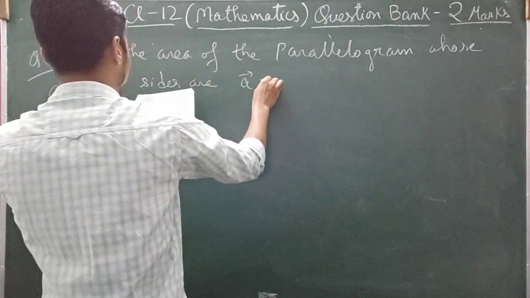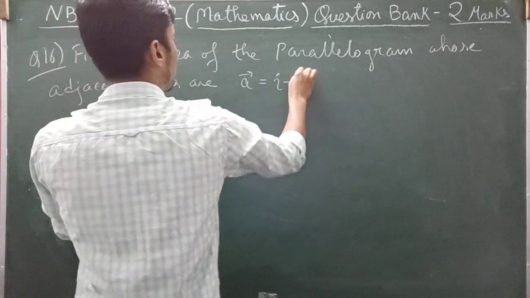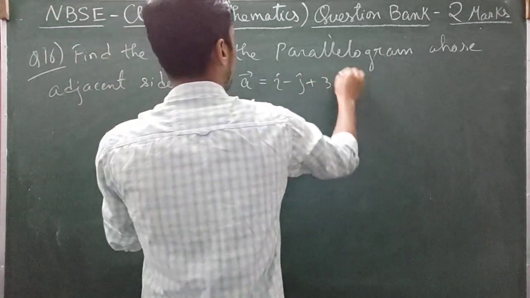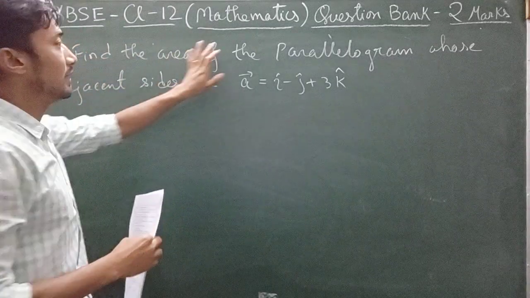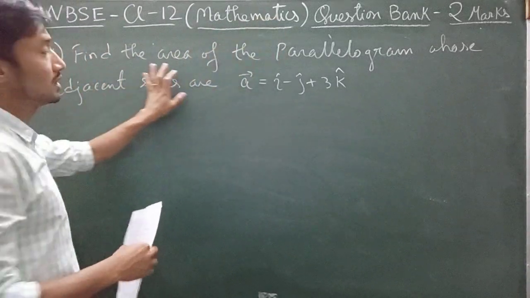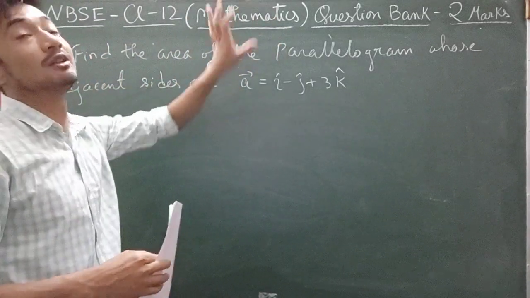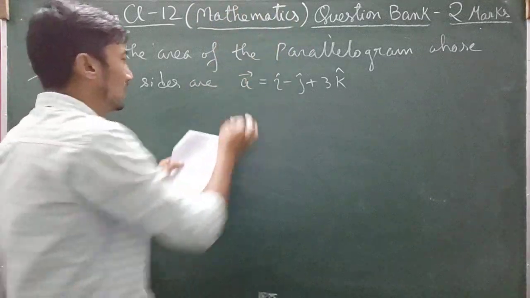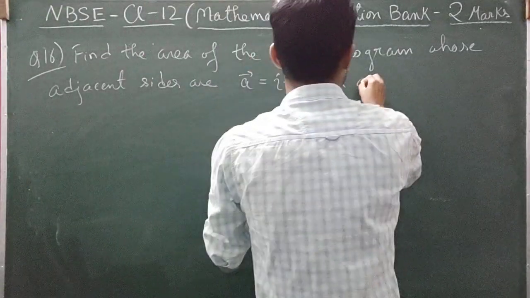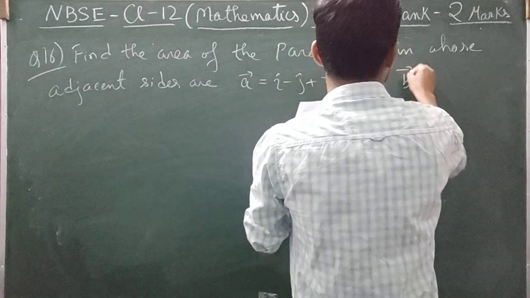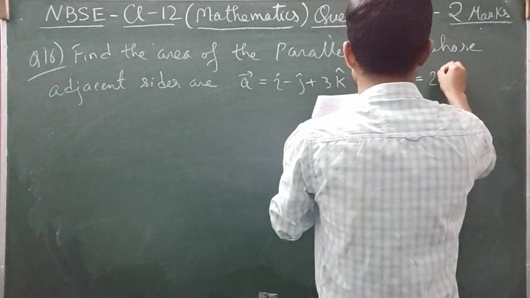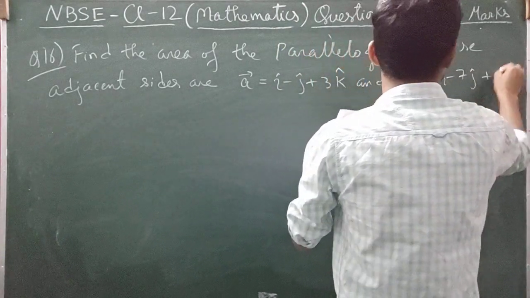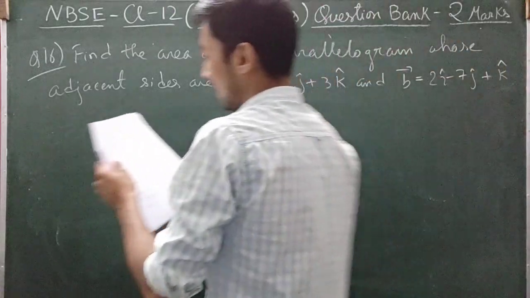I'm just writing directly a equal to i minus j plus 3k. I repeat once again. Find the area of the parallelogram whose adjacent sides are given by, or determined by, vector a equal to this and vector b is equal to 2i minus 7j plus k.